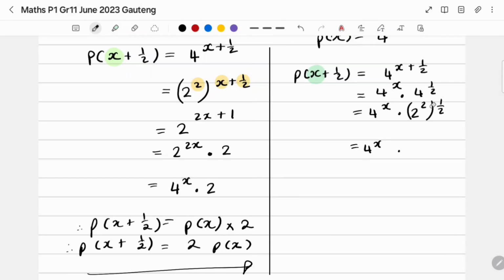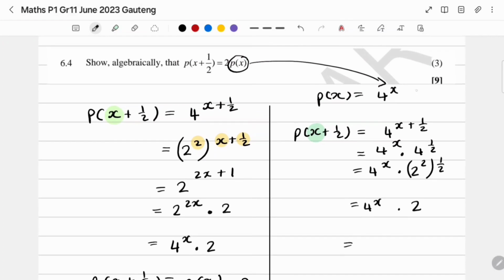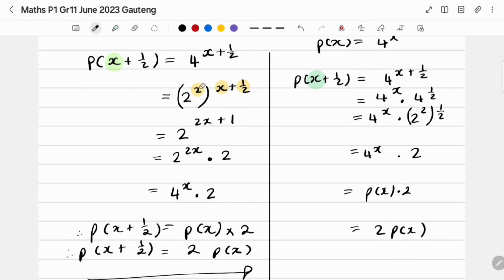And the half will multiply. When they multiply, 2 times a half is 2 over 2. So that is just 2 to the power of 1, which is 2. And so already like that, you see that 4 to the power of x times 2, since 4 to the power of x is p of x, that's really just p of x times 2, which again is 2p of x. So I didn't really need to do that.